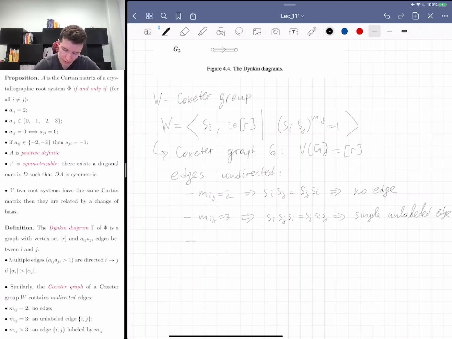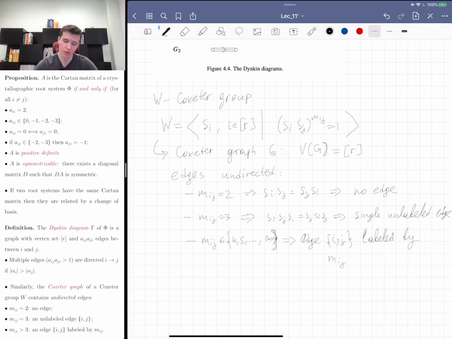And finally, if m_ij is bigger, so it's 4, 5, all the way up to infinity, including infinity, then I'm going to put an edge between i and j, still undirected, labeled by m_ij.